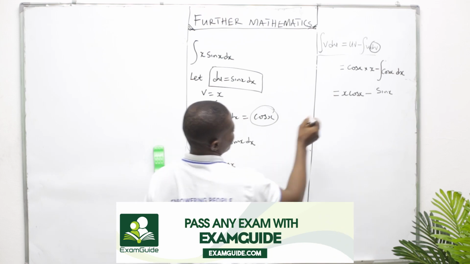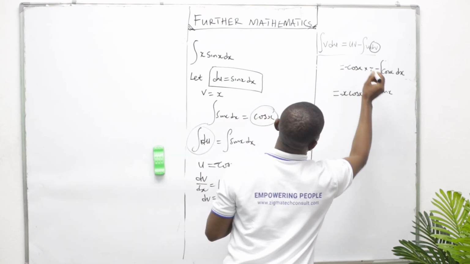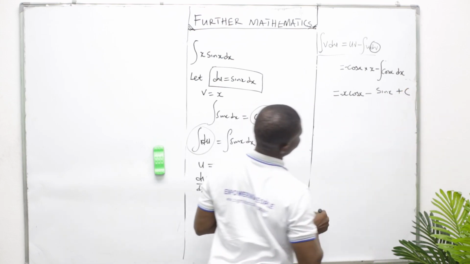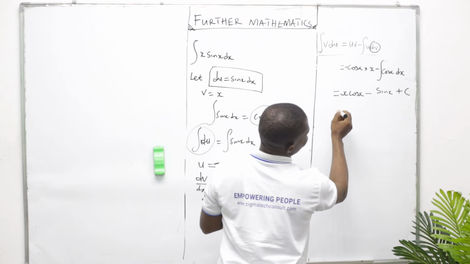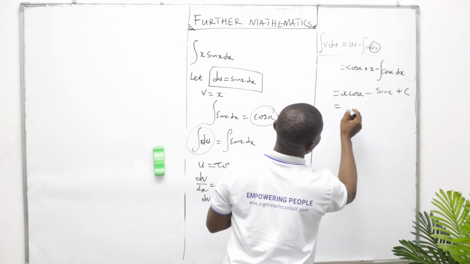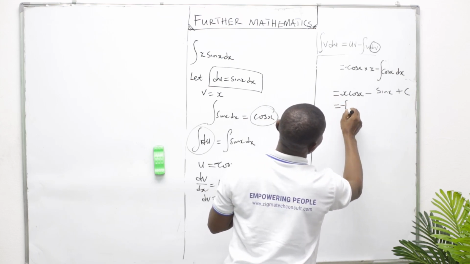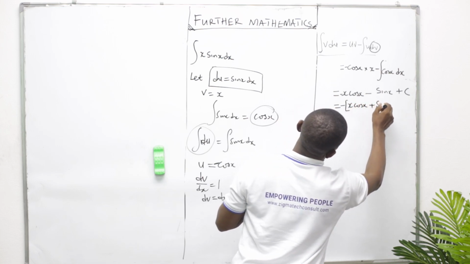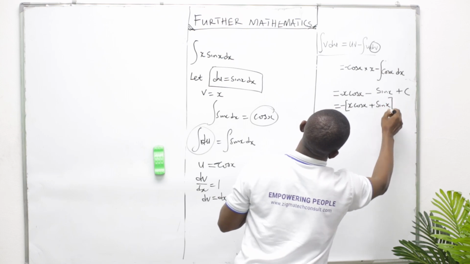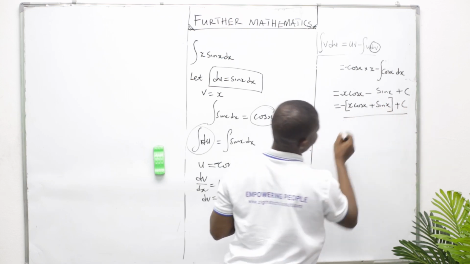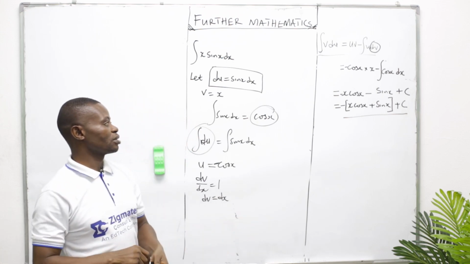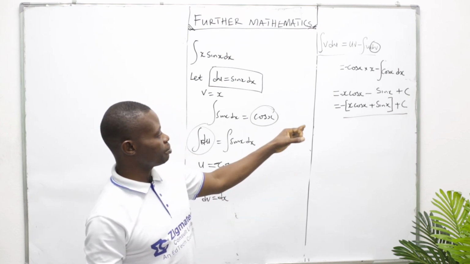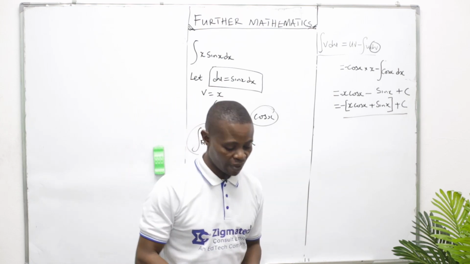Attach the minus sign. So let us effect it here. Then plus constant. Our final answer would now be: minus, open the bracket, x cos x plus sine x, plus C. That becomes the solution to that question.